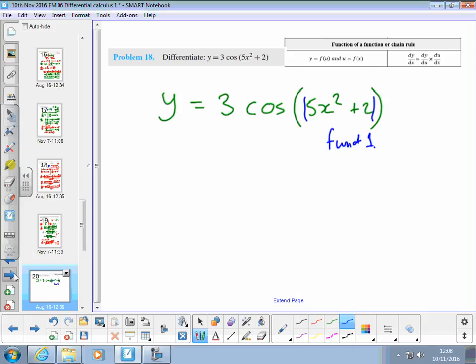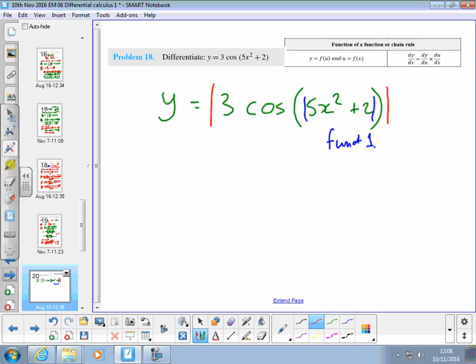And then the cosine, or 3 times the cosine, with its brackets is another function. So the cosine is doing a function on the function that is 5x squared plus 2.